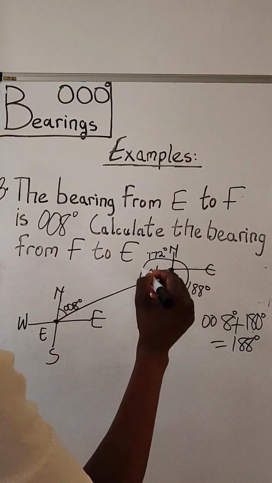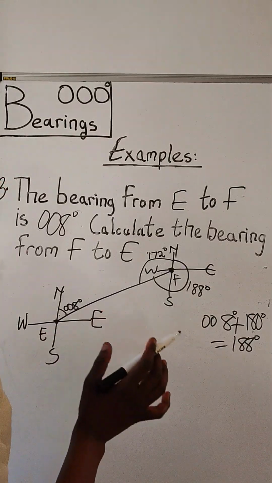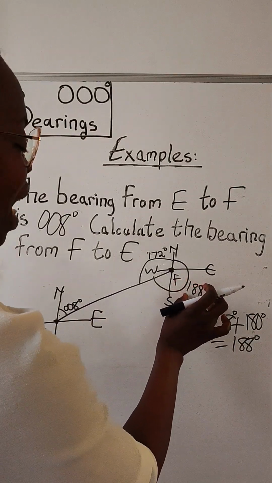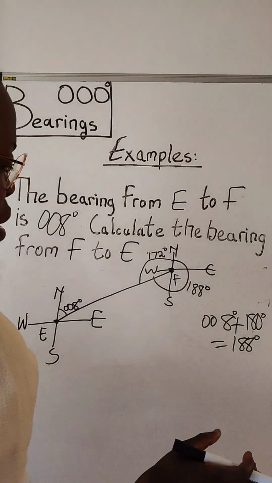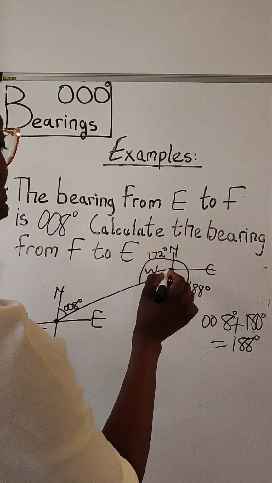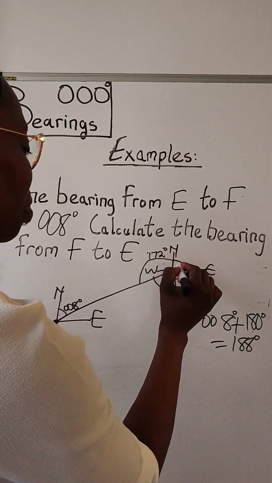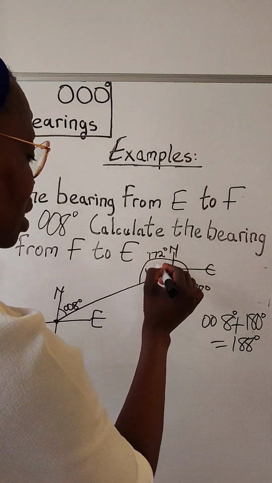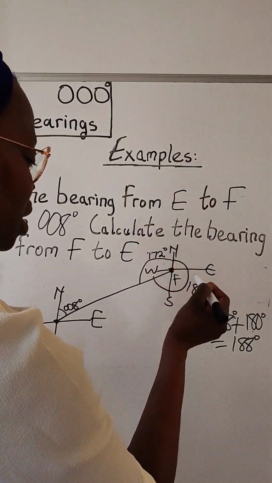For us to get the bearing from F to E, assuming we've not gotten the answer by the opposite bearing method, with the co-interior angle C method, we subtract 172 degrees from 360 degrees, since the full turn of this angle is 360.